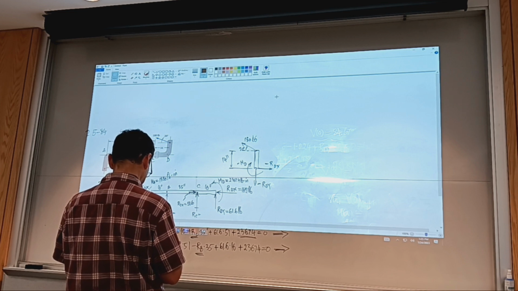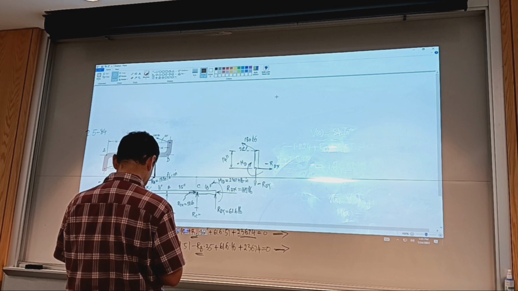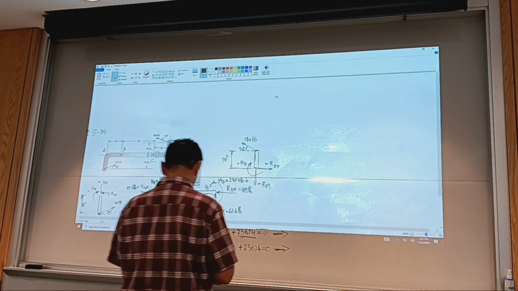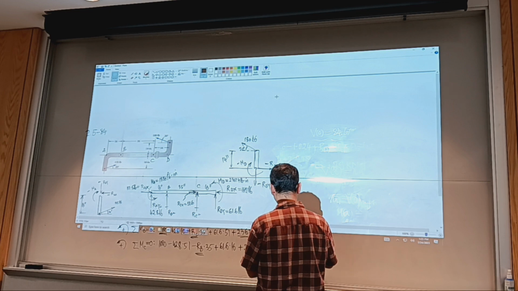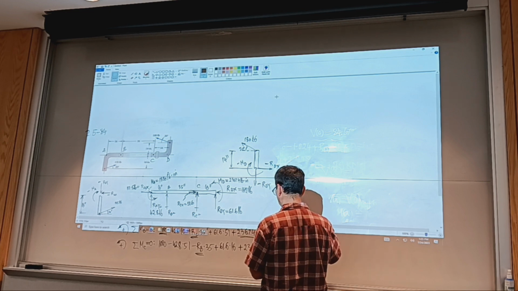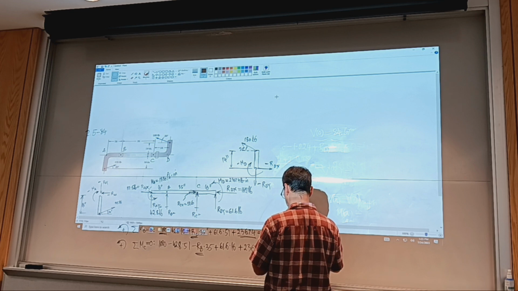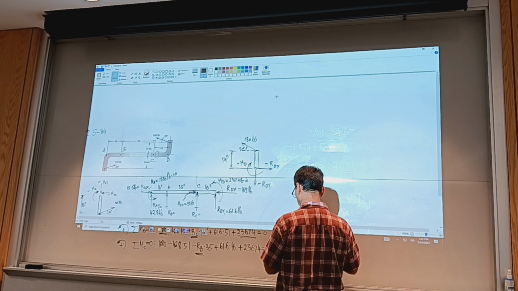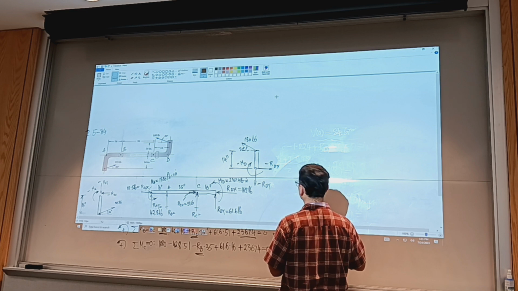And I have negative 2367.4 equals. Everything has to be divided by 35. Okay, so it looks like it's a negative value. So I have RC is negative 198.885, I could say 9 pounds.